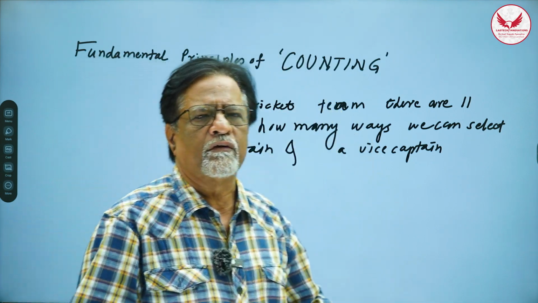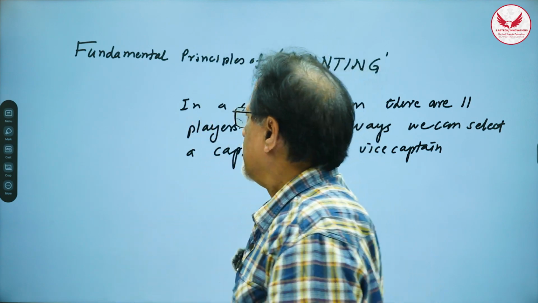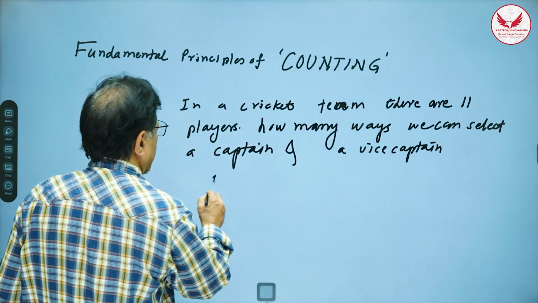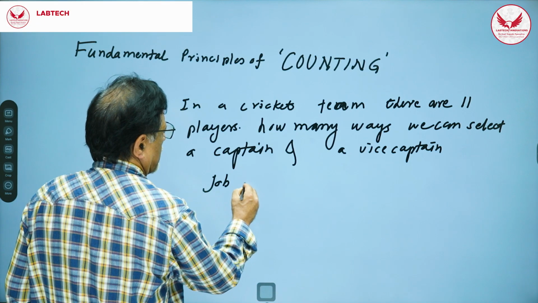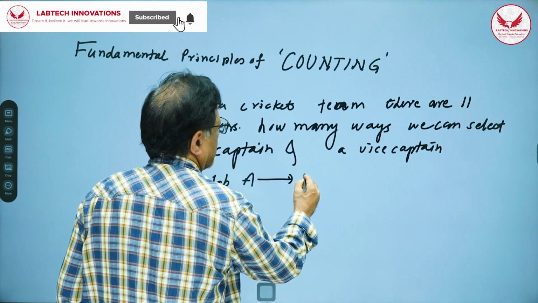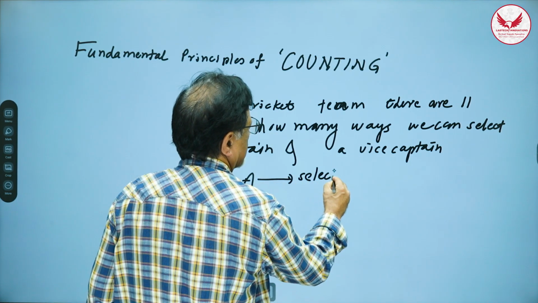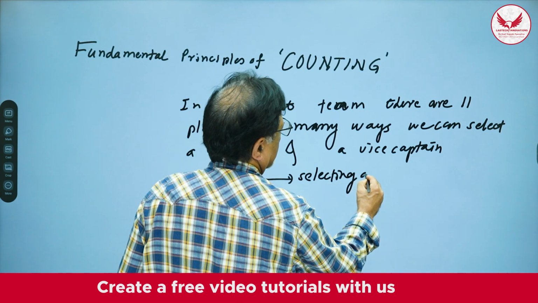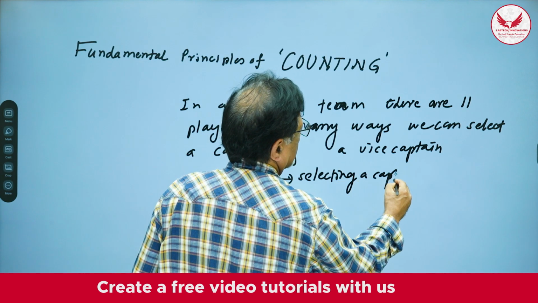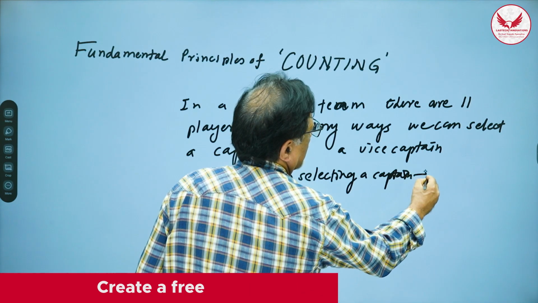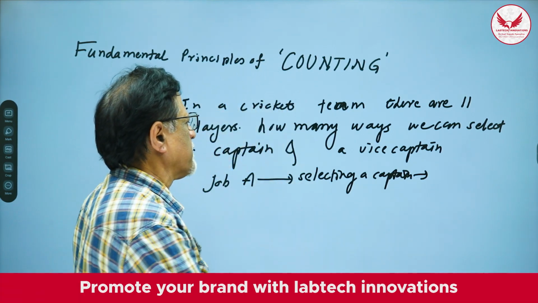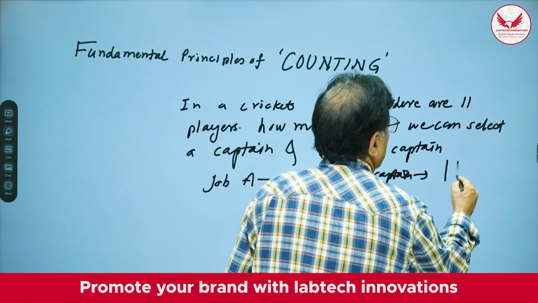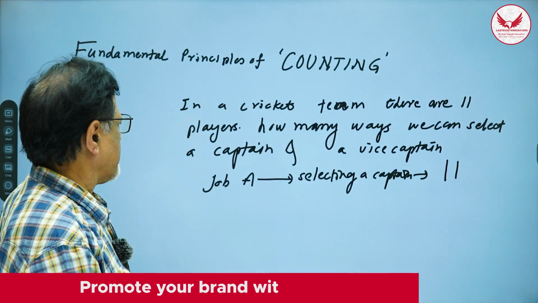There are 11 members and anybody can become captain. So job A, what is job A? Selecting a captain. How many alternatives do you have for selecting a captain? 11. There are 11 members available for selecting a captain.